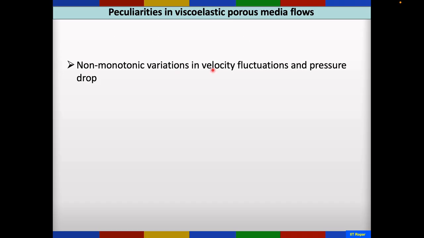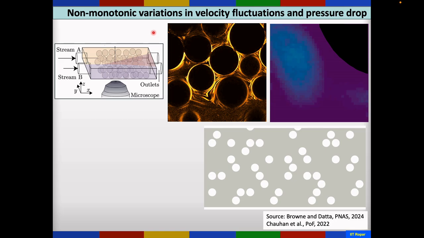Now come to the next one: non-monotonic variation in velocity fluctuations and pressure drop. So in this case, what will happen? To understand this, a very famous group doing a lot of research on the flow of viscoelastic fluids through microporous media is Professor Sujit Datta's group from Princeton University.